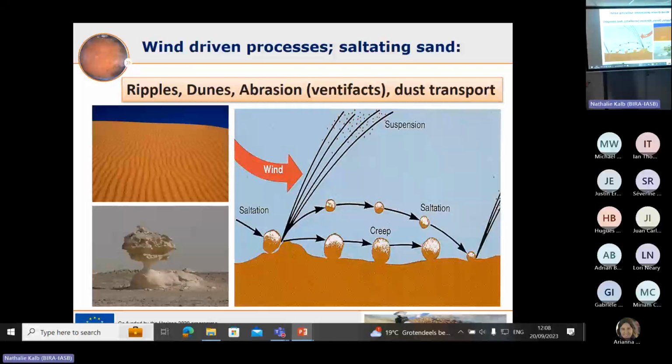But the process of taking stuff up is different to the process which keeps stuff suspended. So it can be that you can take particles up, but they're too heavy to be suspended. They fall down again. That's basically the definition of sand. So what sand tends to do is it tends to hop. It gets entrained, taken up from the surface, and then falls down again.